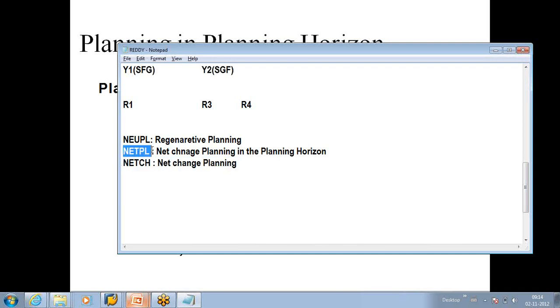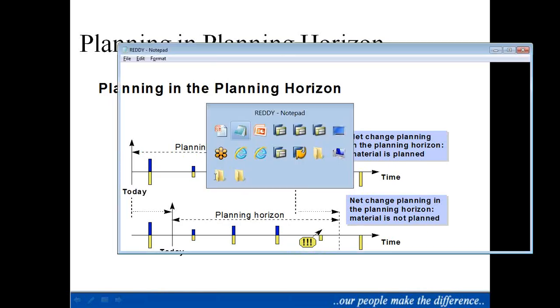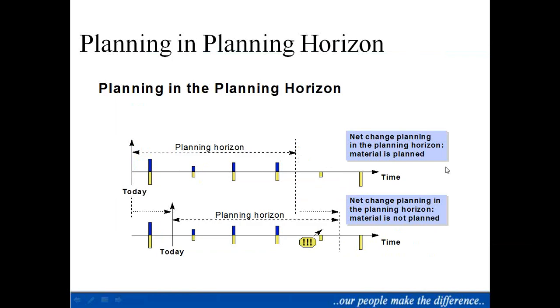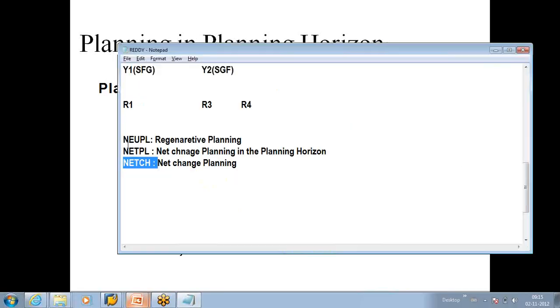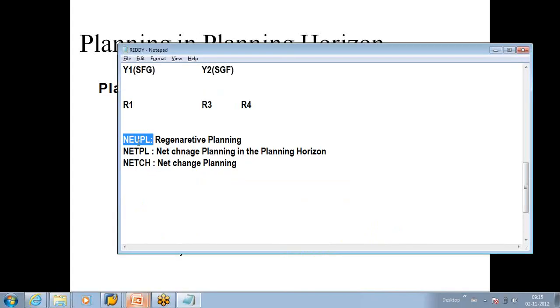The net change in planning horizon option will consider only changes within the planning horizon. If changes happened only within it, then only it will run for MRP. The second option is, if any change happened across the timeline, that will be planned. The third option is, whether changes happened or not, I want to run for all the materials, so I will go for regenerative planning.